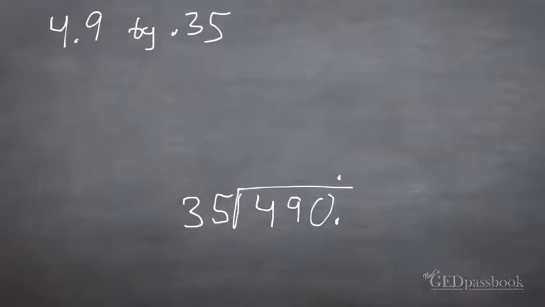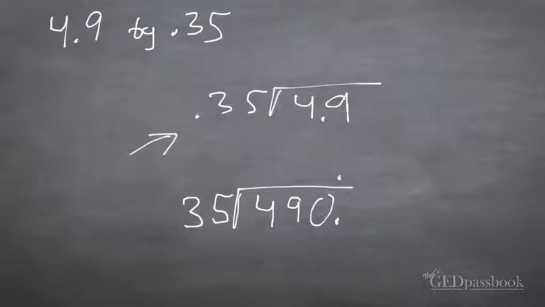If your outside number has a decimal there, you have to make the outside number into a whole number by moving its decimal place. However amount of steps you moved it, you must do that same thing on the inside.